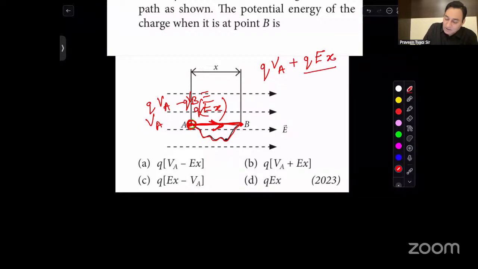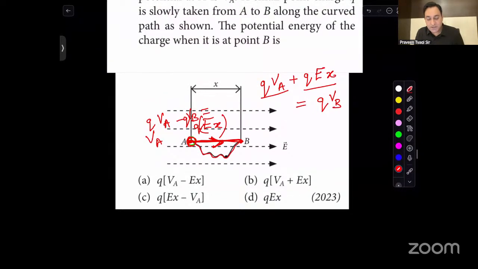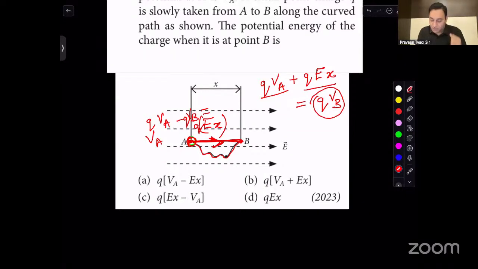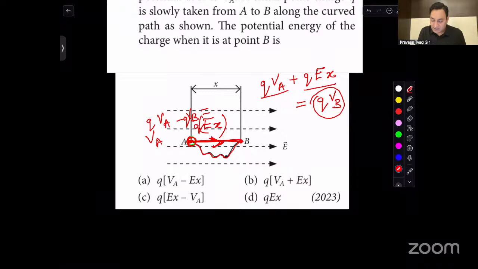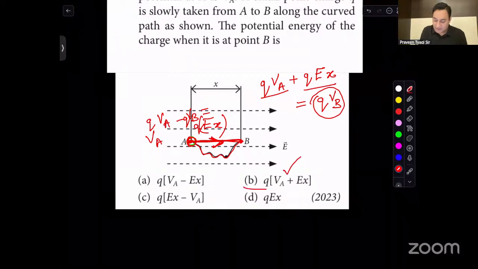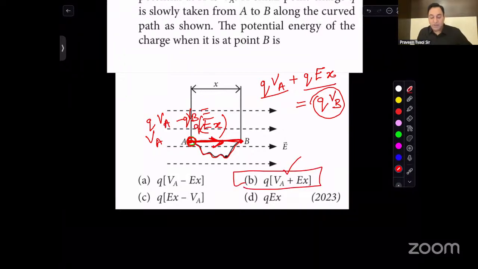This work done plus potential energy at A should be equal to potential energy at B, that should be QVB. What he's asking is the potential energy of the charge at point B. So this should be QVA plus QEX. Yeah, this is the answer. B is the answer. Good.